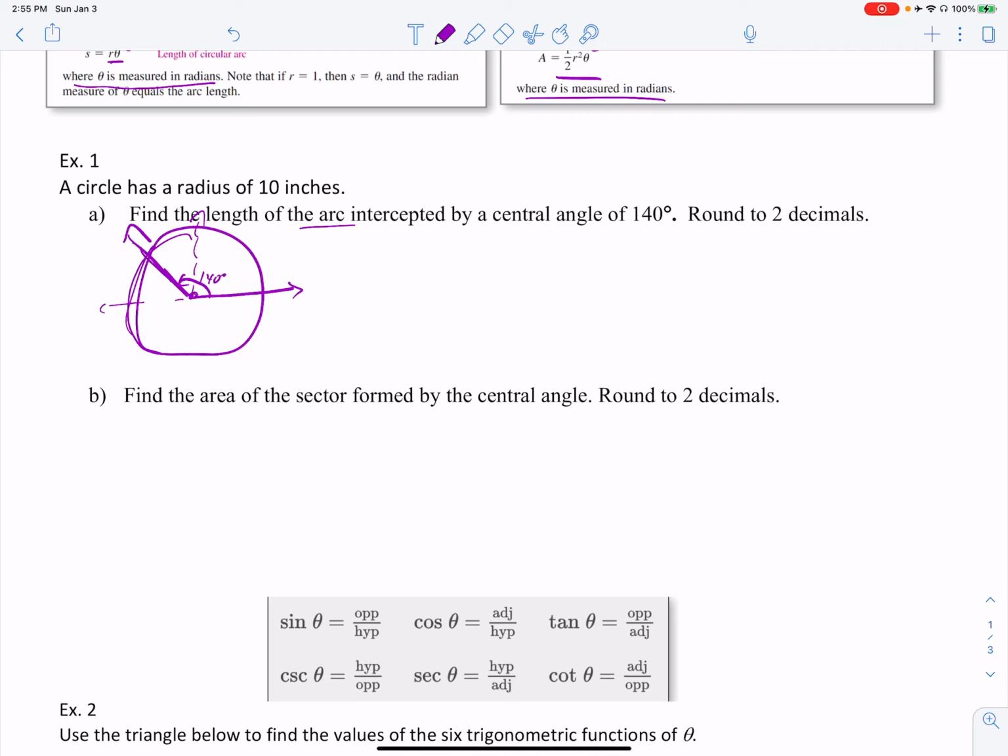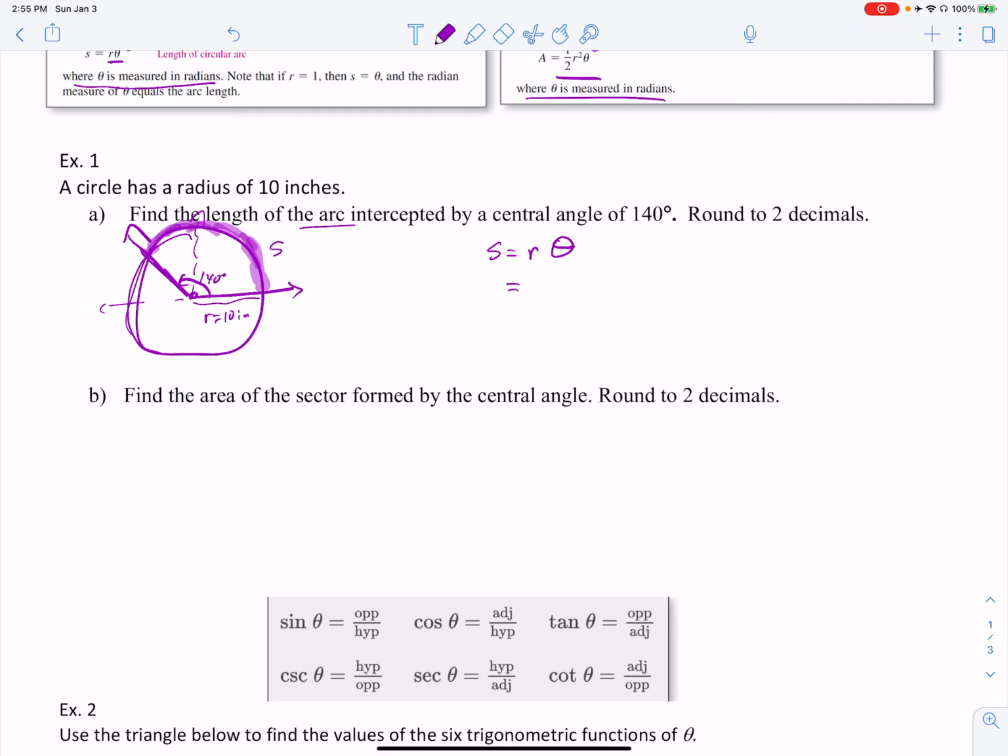The arc length is going to be this length. That's S, your arc length. To find it, S is going to be the radius times theta, but theta must be in radians. The radius of the circle is 10 inches.